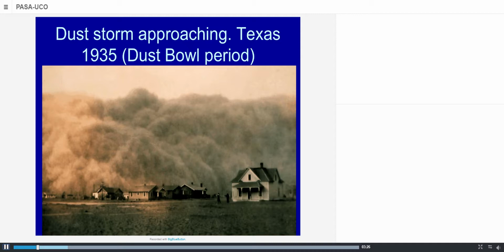One of the worst effects of winds has been the soil erosion, the aeolic soil erosion, and that causes dust storms as the one shown in this picture in Texas in 1935, during the so-called Dust Bowl period.